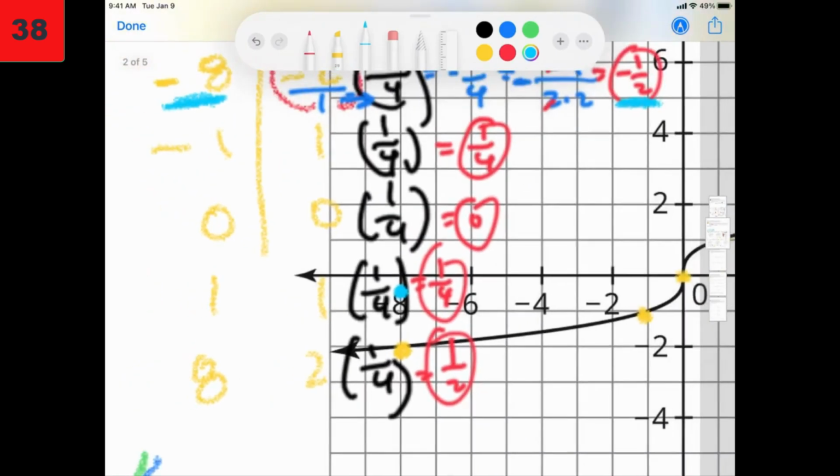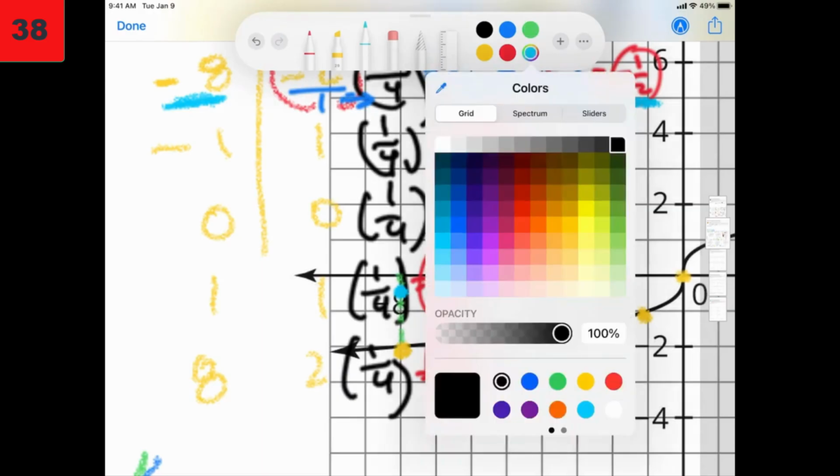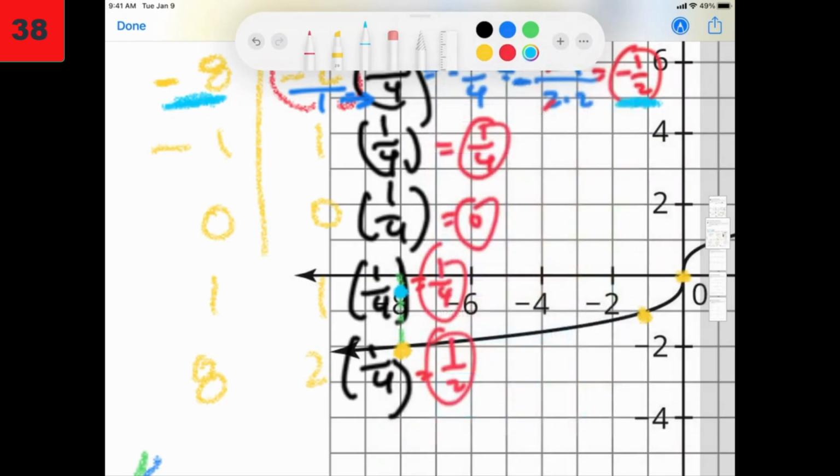And fraction-wise, this should make sense. Let me see if I can do a different color. There's 1, 2, 3, 4 parts, and you only need 1/4 of that. Does that make sense? All right, so let's do the other one. -1, that should be -1/4, because that was not negative, so negative.